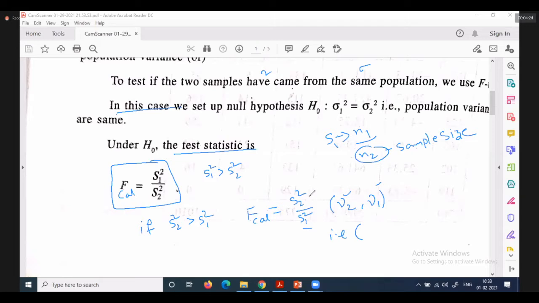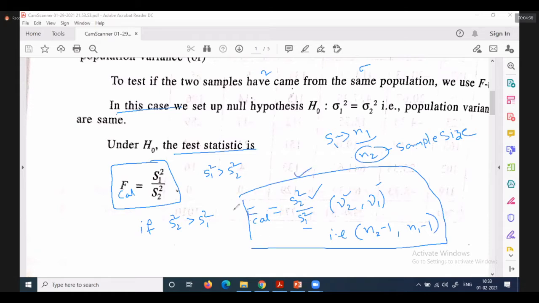When you are using the formula F is equal to S1 square by S2 square, the degrees of freedom is N1 minus 1 comma N2 minus 1.